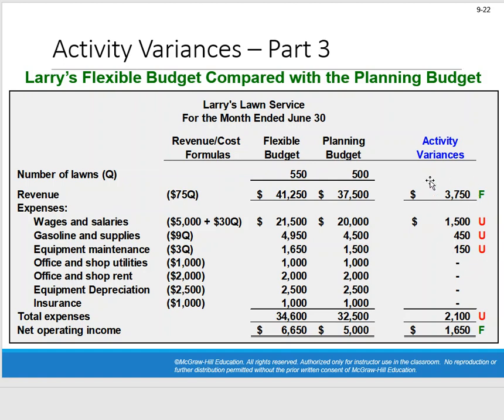So what we're hoping is that the activity variance in revenue exceeds the activity variance in expense. And that's what happens here. So based on this higher level of activity, 550 lawns, we're expecting 1,650 more in net operating income. So that would be our total activity variance of 1,650.